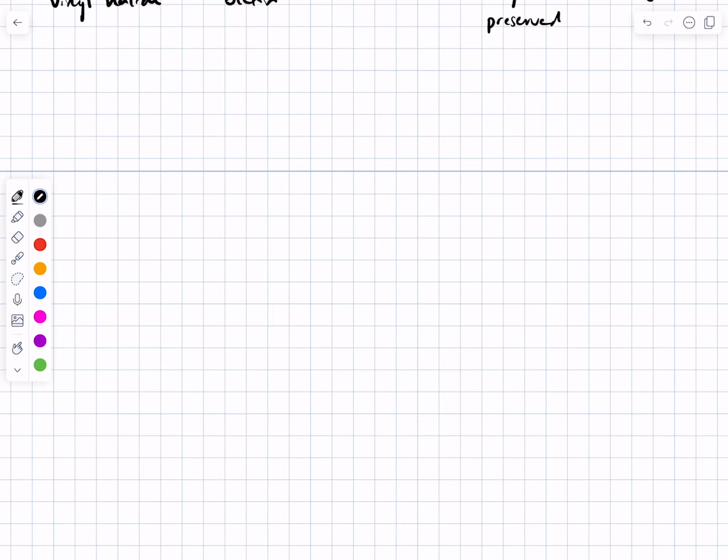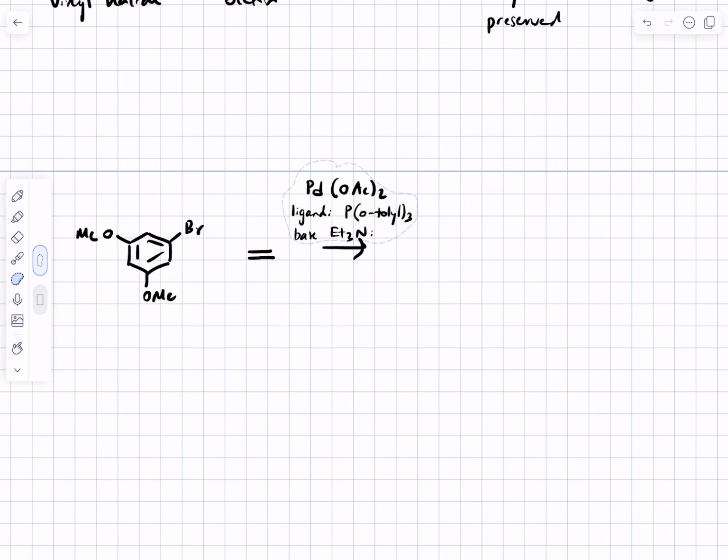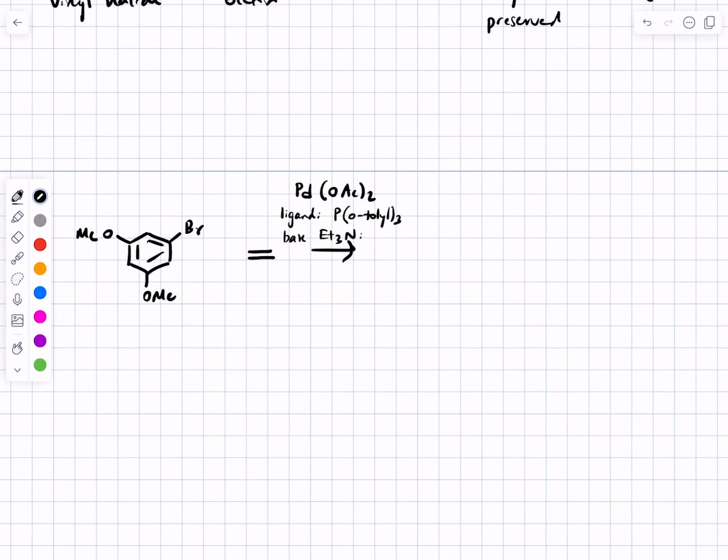So these are examples straight out of your text. Here is an aryl halide. And here is an alkene. And then here are the standard Heck reaction conditions.